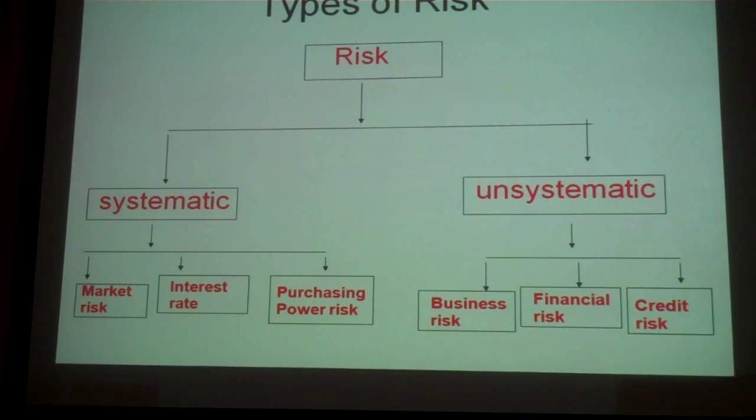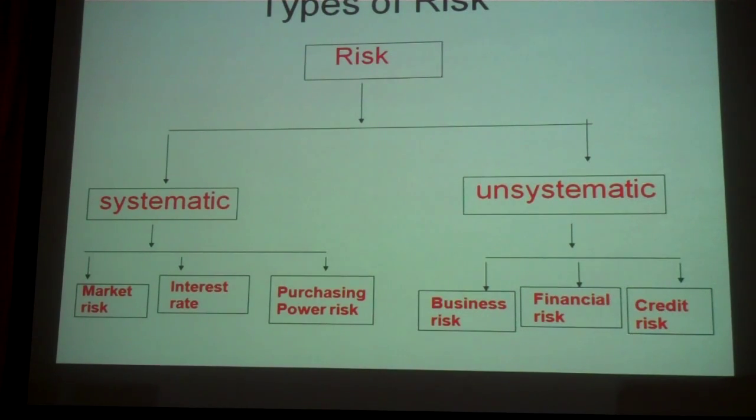What is the main risk of Infosys? It is a technology company, and their main revenue comes from outside India. 70% of their income comes from European, Japanese and American markets. They receive dollars, euros and yens. But being an Indian company, they prepare their balance sheet in rupees.